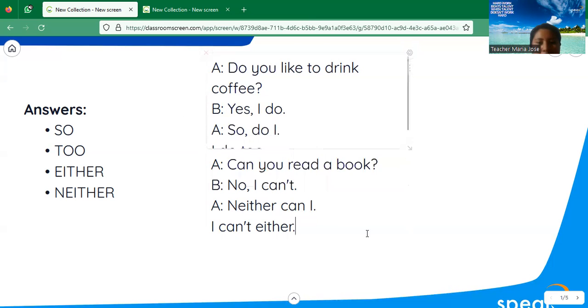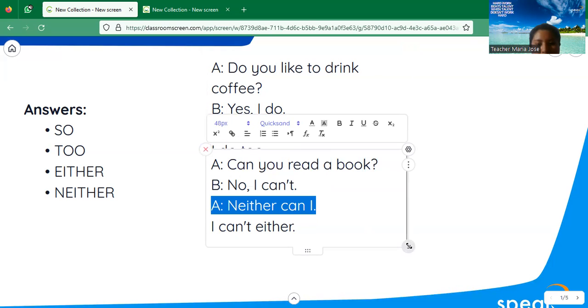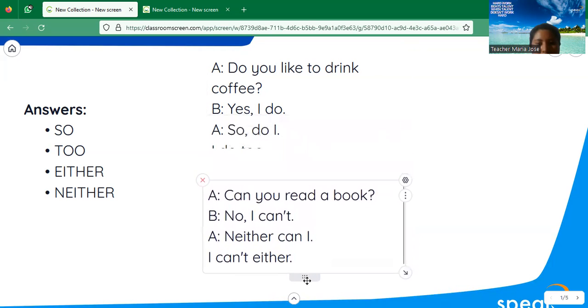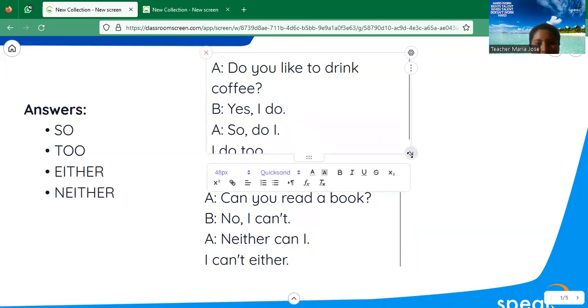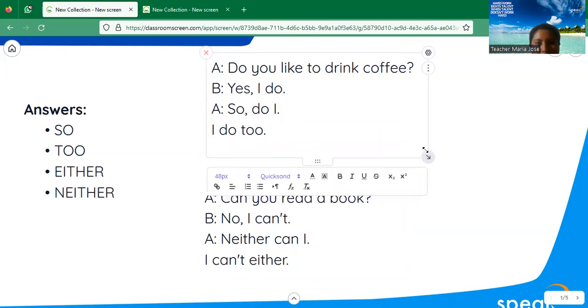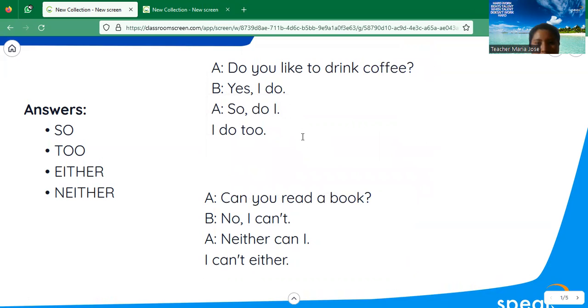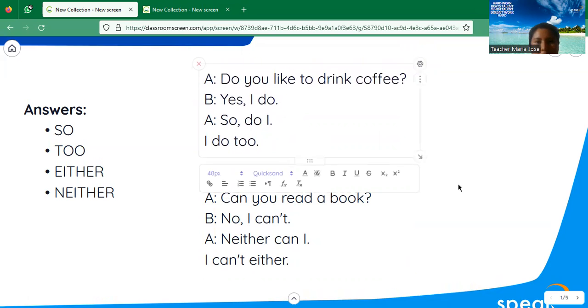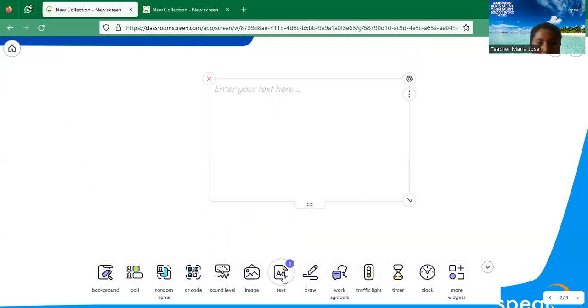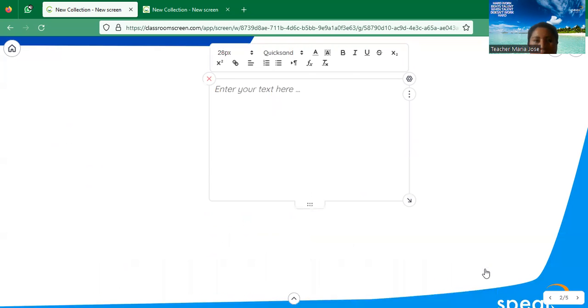Okay, we got it. Now that we have some of these examples, let's continue. Now we will practice with the expression.